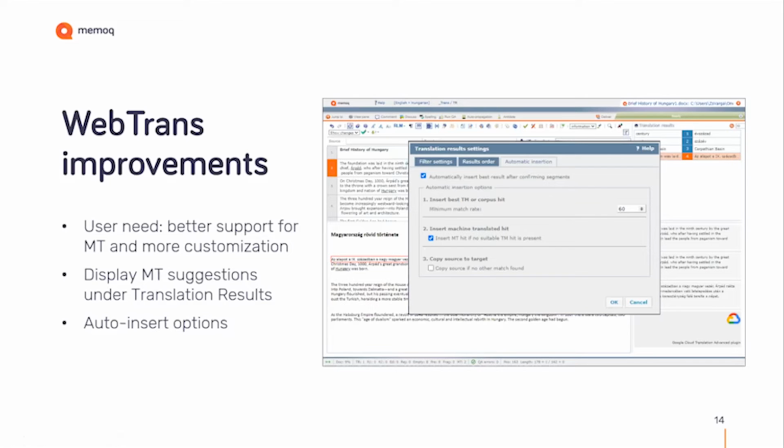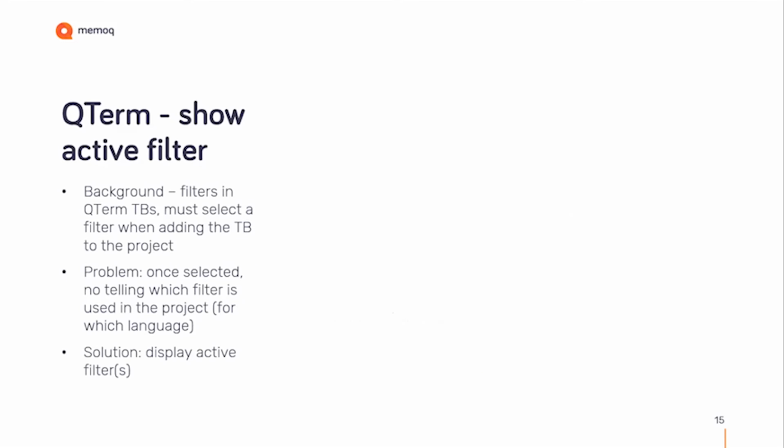So this will obviously save you some time to populate your WebTrans rows. These two additions to WebTrans will hopefully improve your MT user experience on the web. Still sticking with memoQ Web, let's turn over to Qterm.